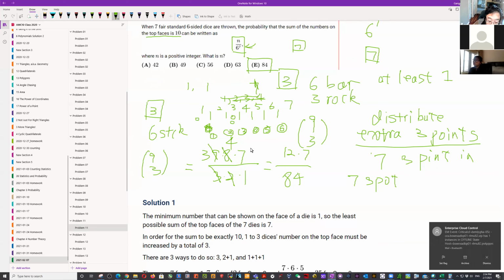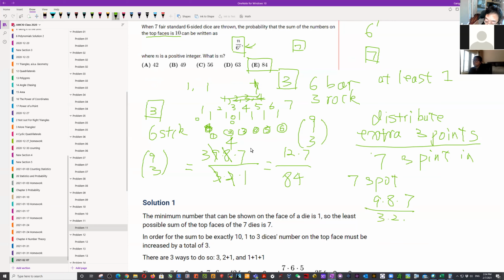The number is 84, because 9 multiply 8 multiply 7 over 3 multiply 2 multiply 1. So this is going to be 3, this is going to be 4, and that's going to be 84. So basically it's going to be 84 over 6 to the 7th.